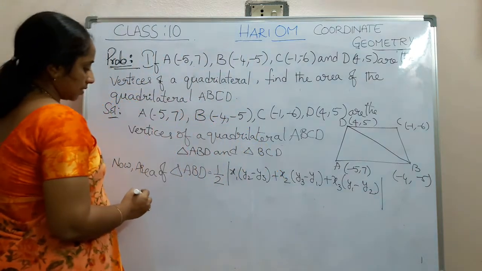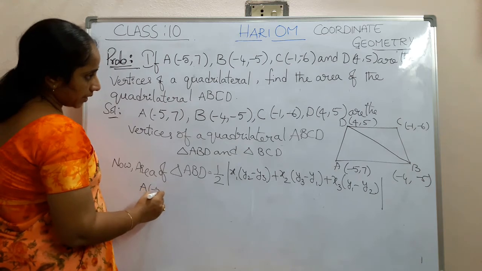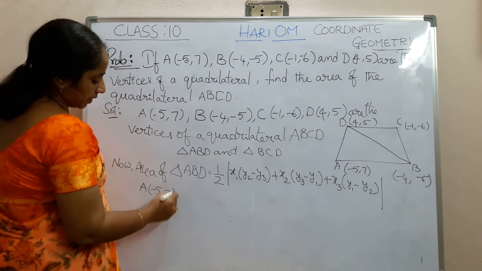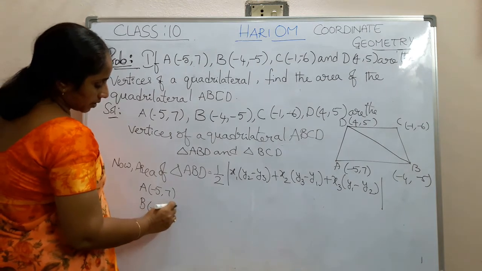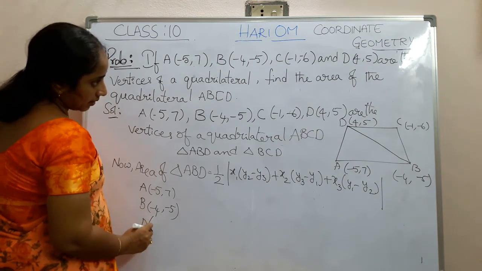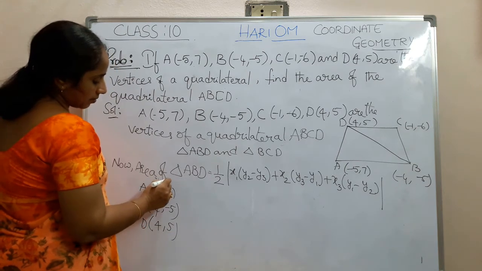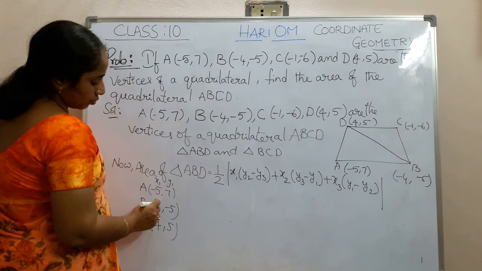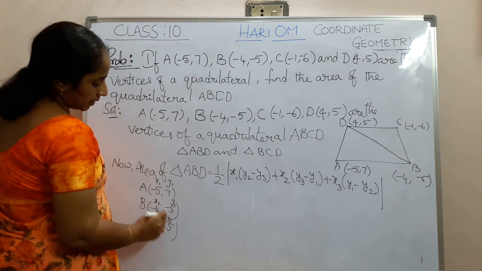It is A minus 5 comma 7, B minus 4 comma minus 5, D 4 comma 5, x1 y1 x2 y2 x3 y3.